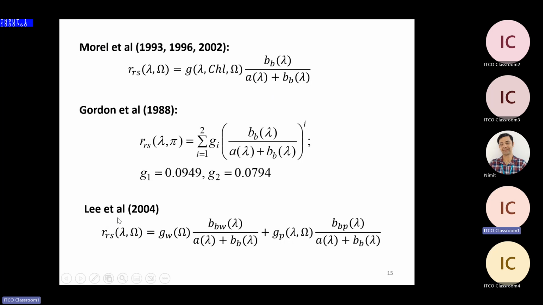And we did it differently, dividing this BB into BB water over A plus BB and BBP over A plus BB. The reason is, as I mentioned this morning, for backscattering in the open ocean, in the blue part, water molecules are dominant and have their phase function.